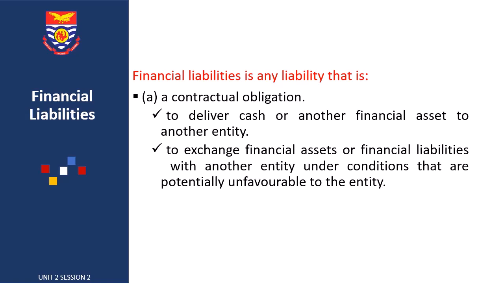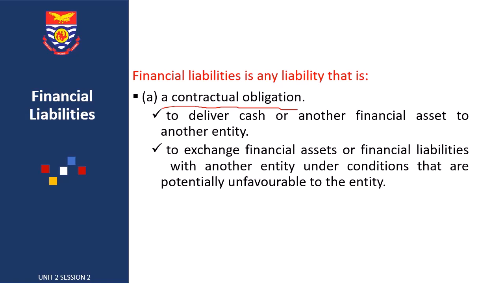Now, financial liability is any liability that is a contractual obligation. So the first aspect is that it is a contractual obligation. Now, this contractual obligation is to deliver cash or another financial asset to another entity.